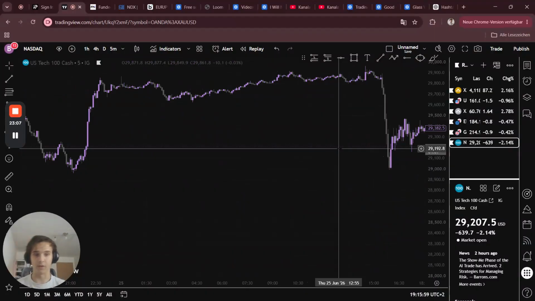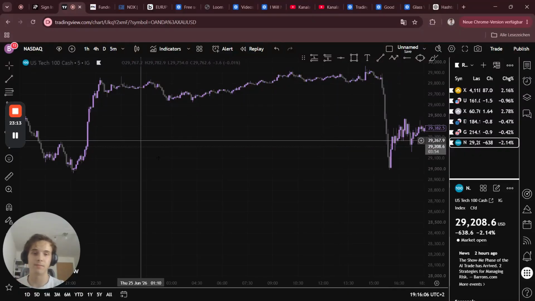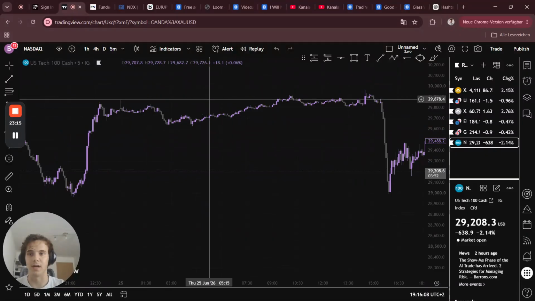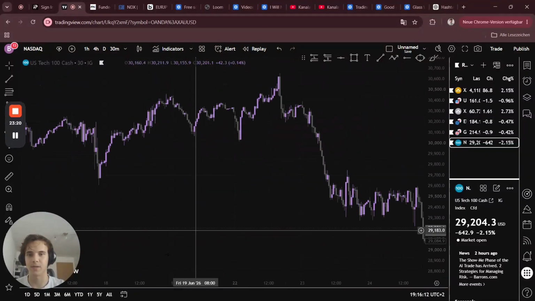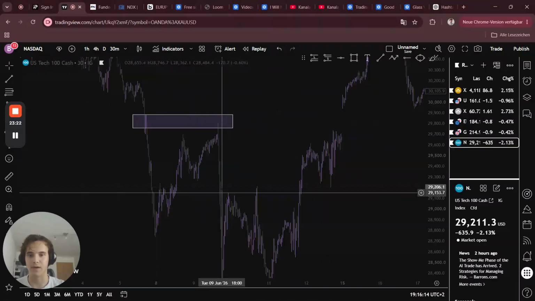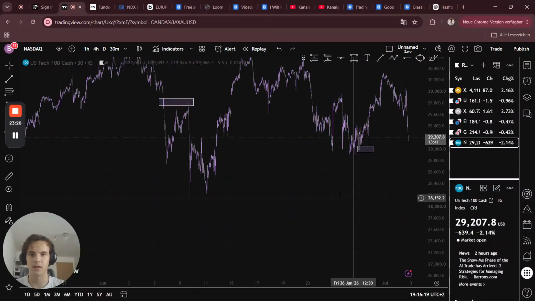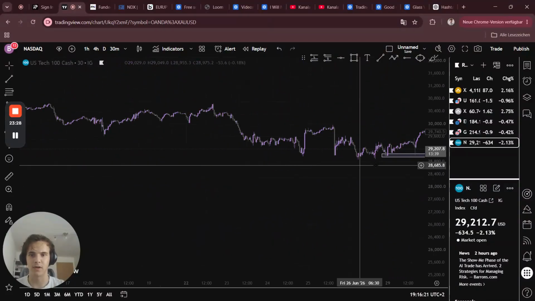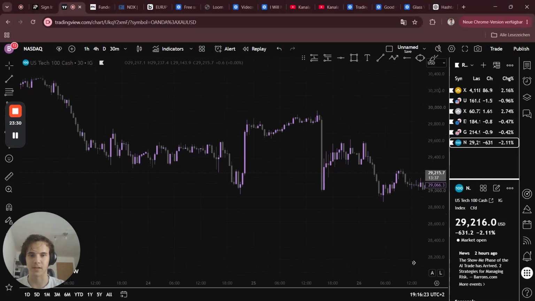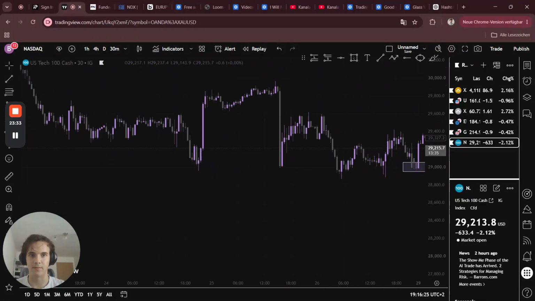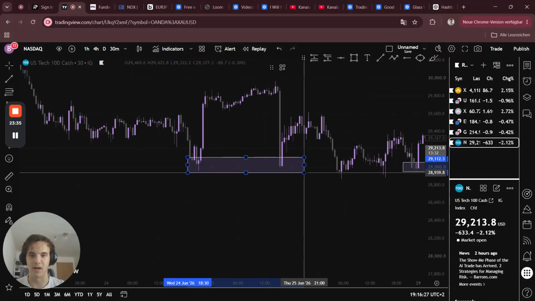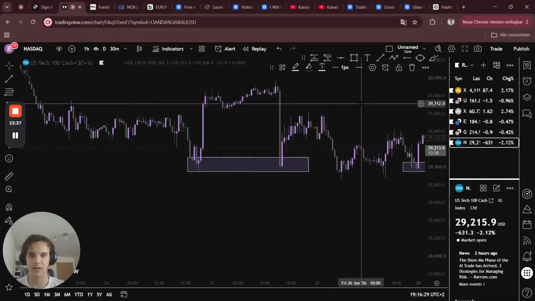All right, so let's look at the engulfing setup. I have found one. It was also on NASDAQ. If we look into the 30-minute chart, for example, we have a, where is it? It is right here. Perfect. So we have a demand zone, right?